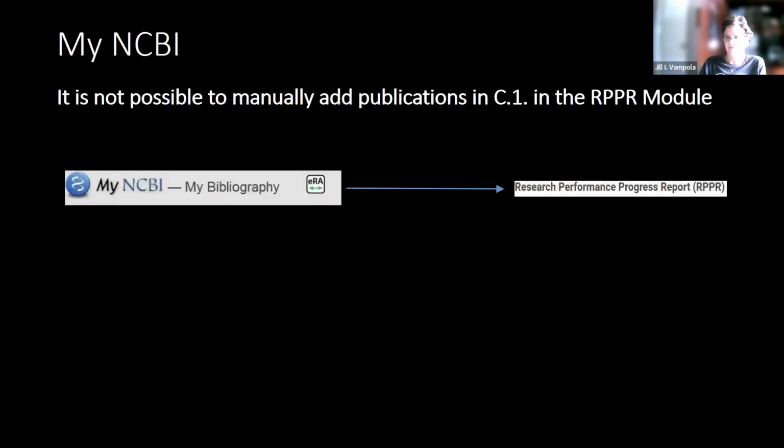So what is MyNCBI? It is a system that houses MyBibliography, and you put your publications in there into like a collection or a bibliography, and then it's transmitted and attached to the RPPR. And like I said earlier, it's not possible to manually add publications into the products module C1. You have to create this MyBibliography and then it attaches to the RPPR.